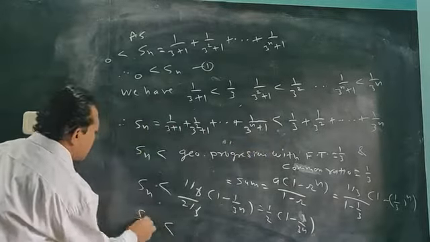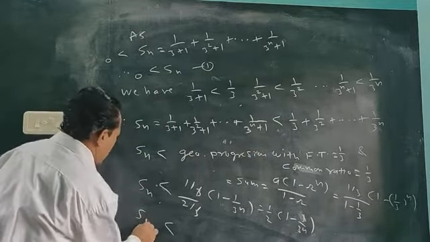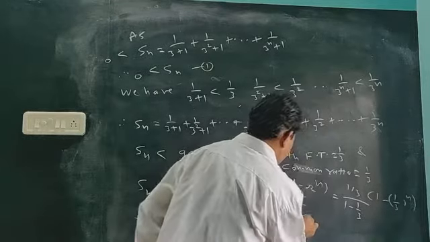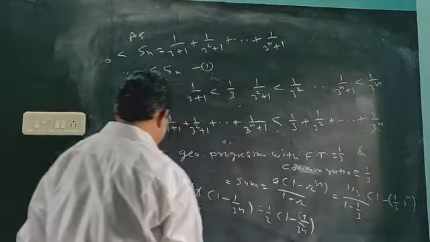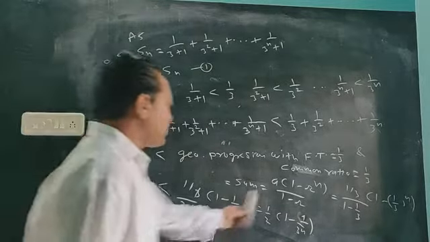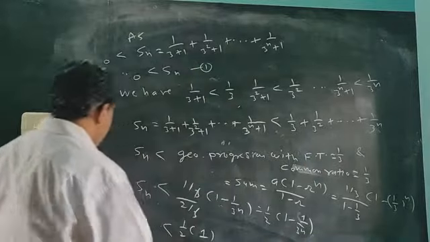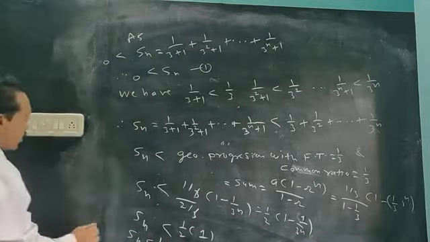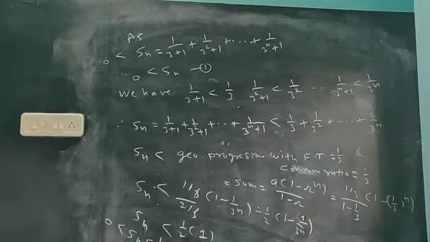Now this is less than. Okay, so 1 minus 1 by 3 raised to power n will be less than 1. 1 minus a fraction is less than 1. So Sn will be less than 1 by 2, and already we know it is greater than 0.